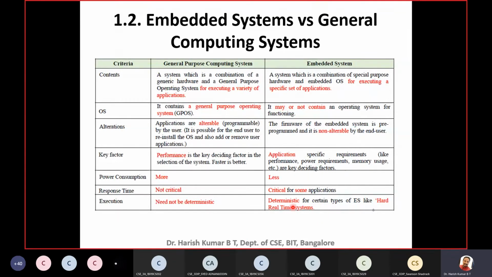Say, for example, within a hard real-time system, I have a task to be performed, and let us assume the task is T1. It starts its execution at the 10th millisecond, and the total execution time of T1 is 50 milliseconds. Now by the 60th millisecond, the task must complete its execution.